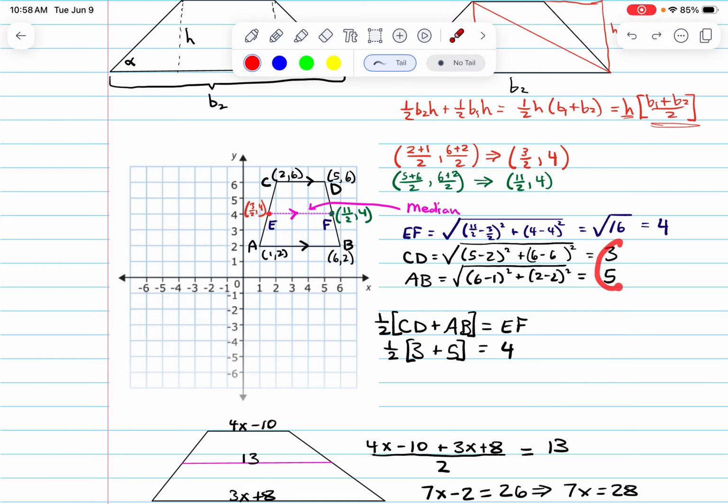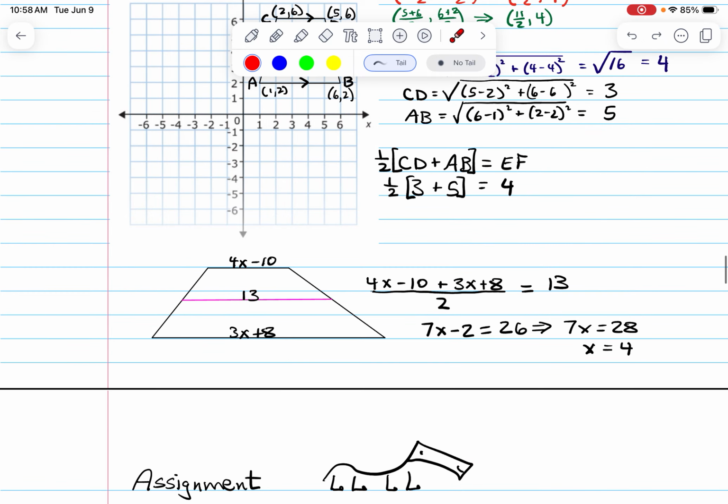Notice that 5 and 3 add up to 8, and that's exactly twice the median. Well, that's a property of these trapezoids. The median is always 1/2 the sum of the bases. So if you've got a base that's length 5 and another base that's length 3, you know for certain that the median is going to be length 4. It's 1/2.